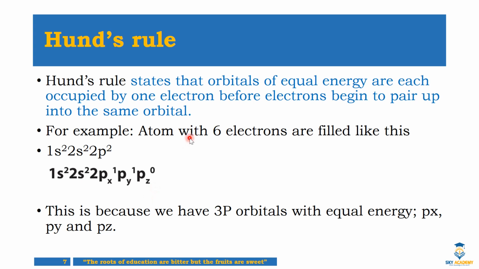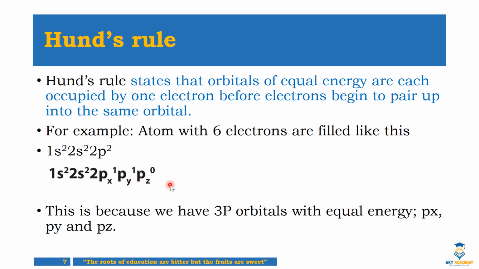For example, if you have an atom with 10 electrons, you add 2, 2, and then 2 more, and you remain with 4 electrons. For these 4 electrons, first you add 1 in px, another one in py, and another one in pz, and then you remain with 1 electron. That electron is going to be paired in px.